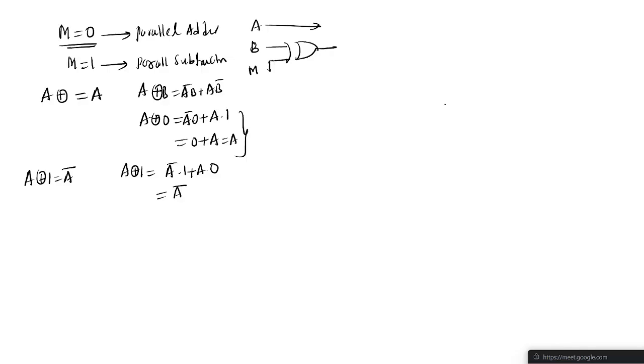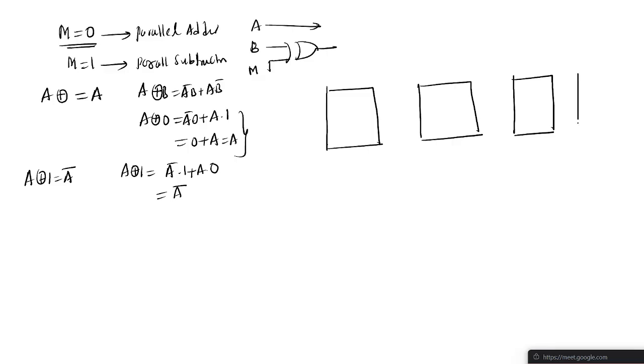So how you are connecting means, 4 full adders you are connecting like this. This line directly you are giving: A0, A1, A2 and A3, and B you are giving through the XOR gate.